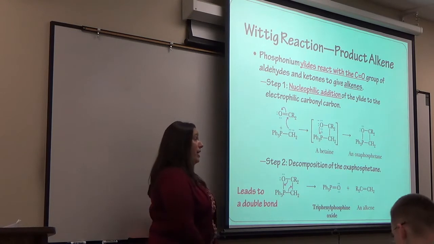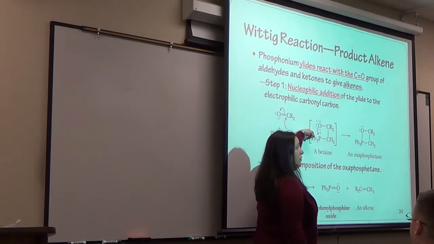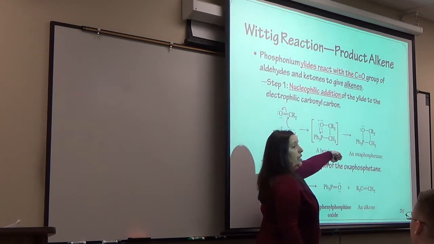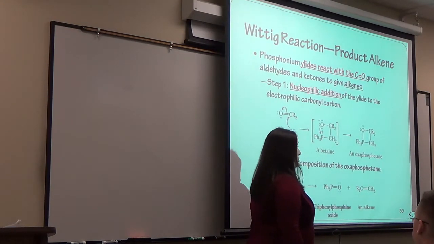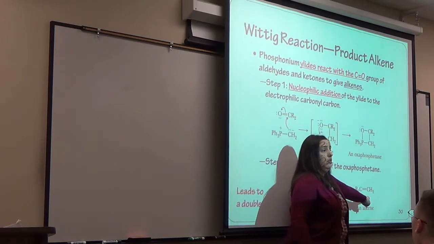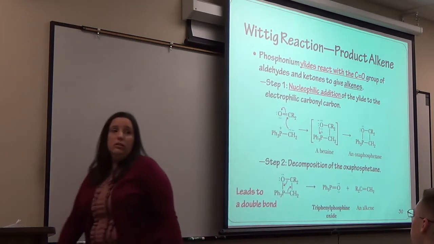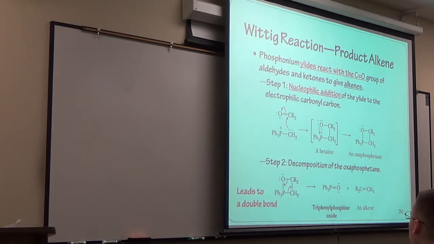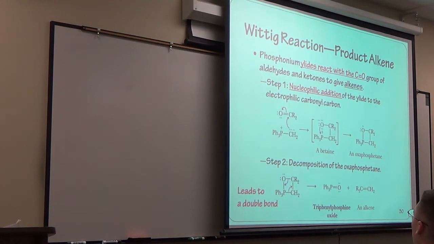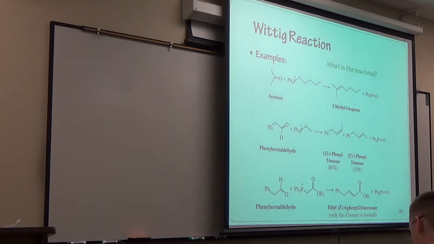The proximity of the oxygen and the phosphorus causes the intermediate to form. Then the intermediate decomposes and you get the double bond. That makes sense? So this is still a nucleophilic addition, just followed by that decomposition of the oxaphosphatane intermediate.